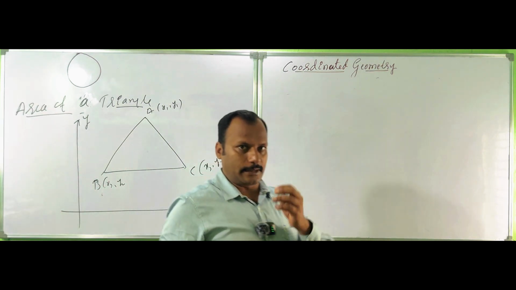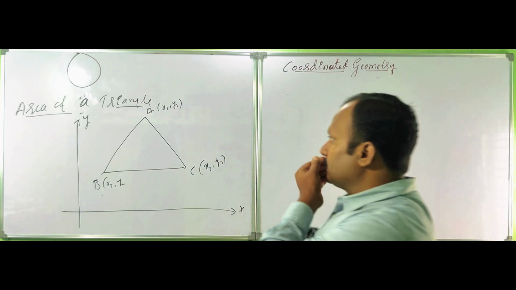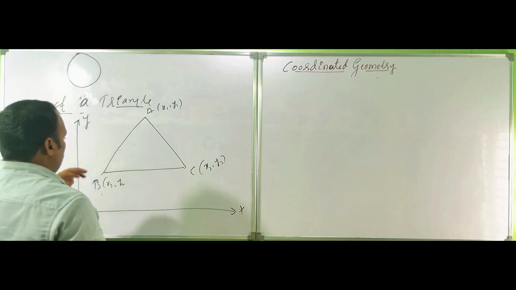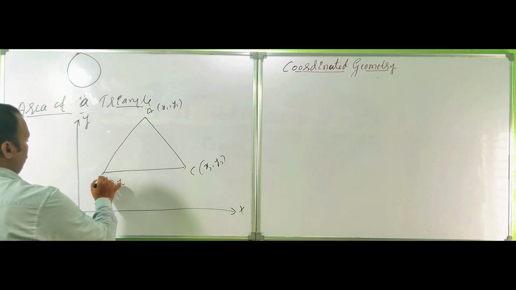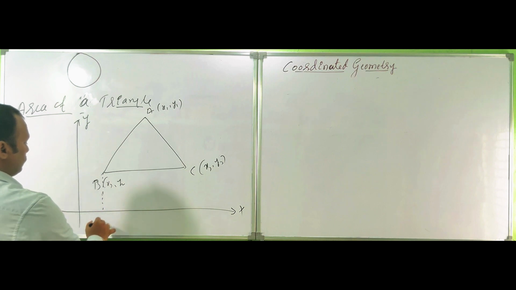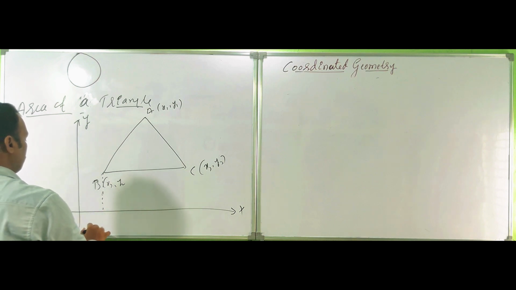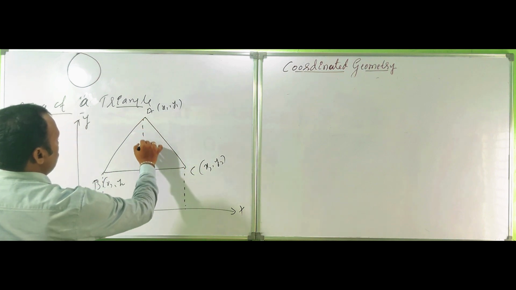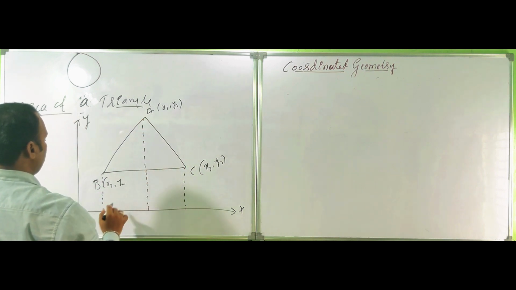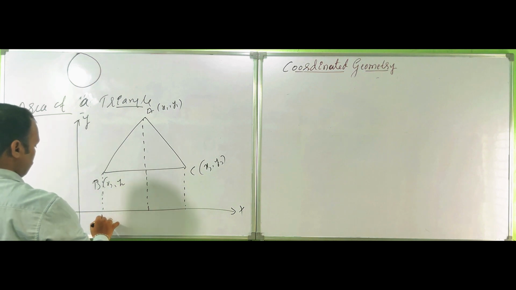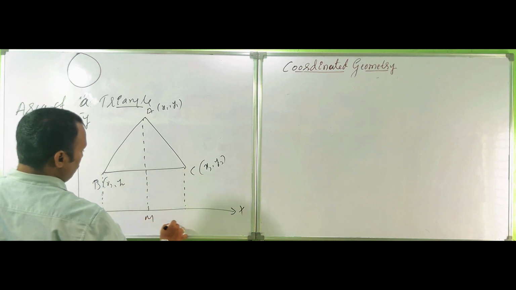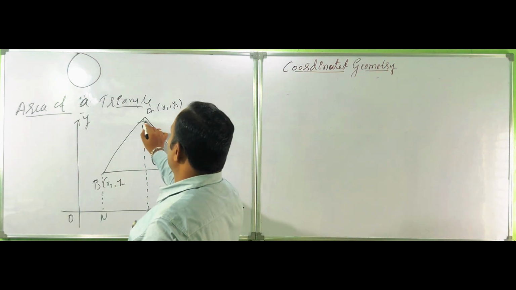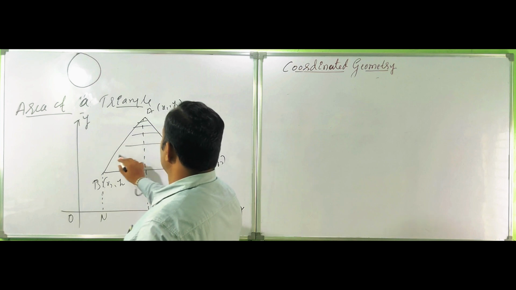Only a reference point I have taken. How to find the area of the triangle? Just draw connecting lines from here, this is called O. We are not taking this; this is M, this is M, and this is L. We want the area of this triangle.